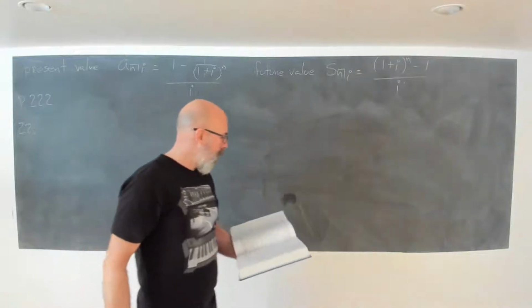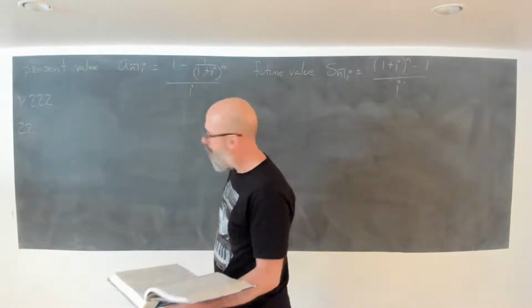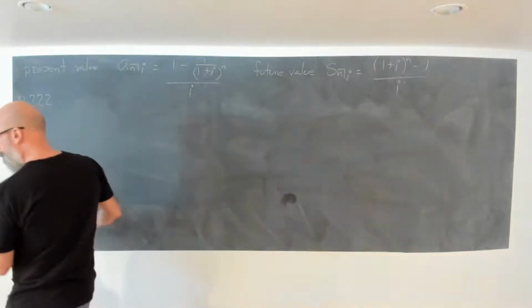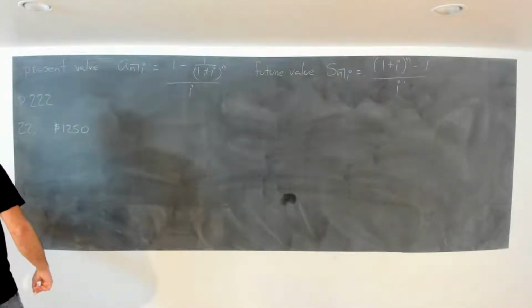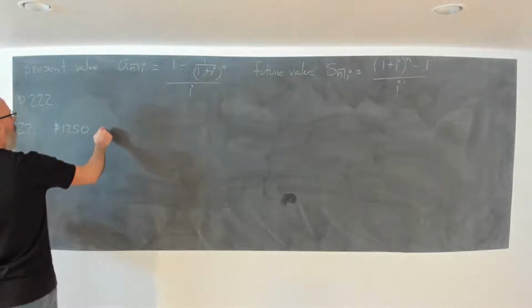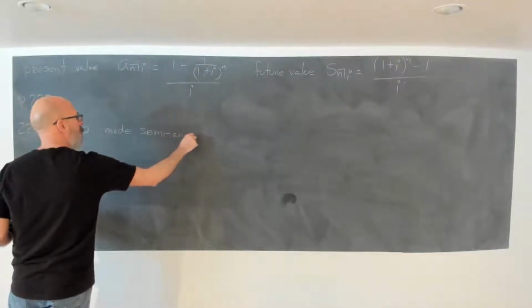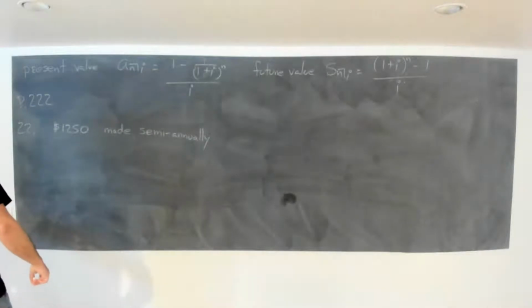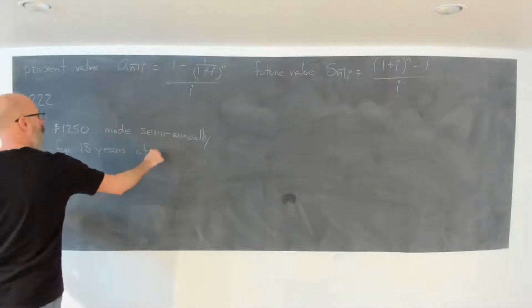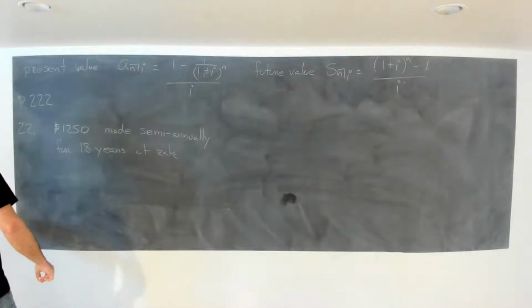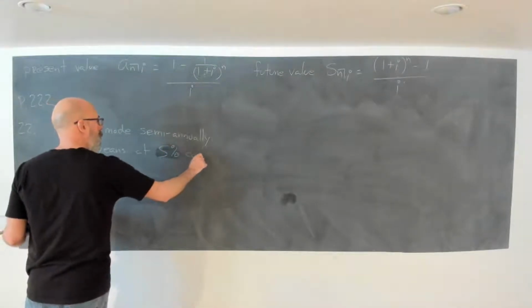Find the future value of payments of $1,250 made semi-annually for 18 years at 5% compounded semi-annually.